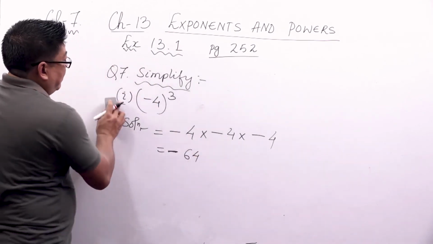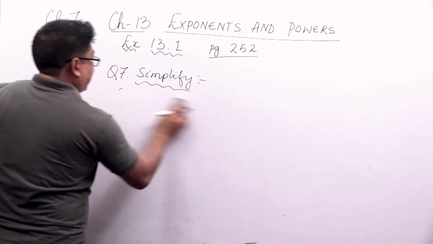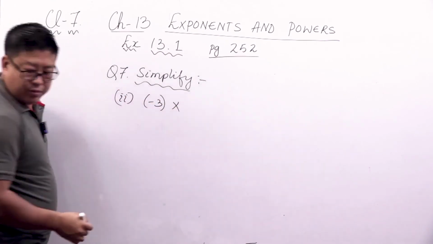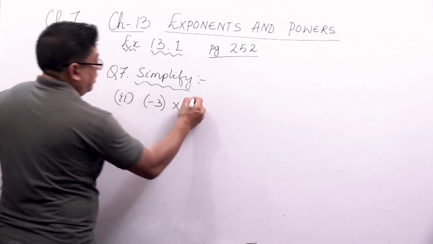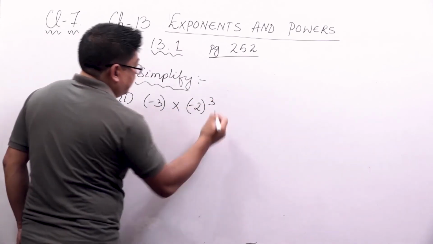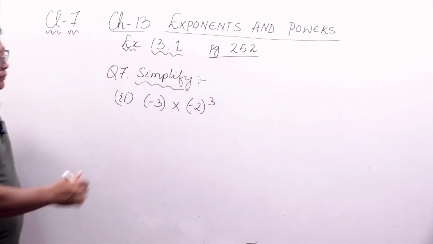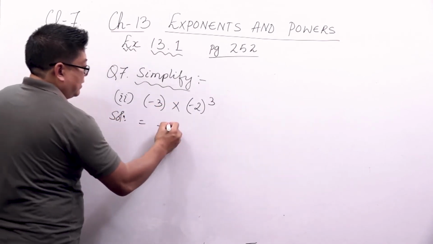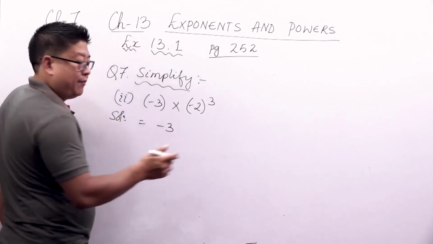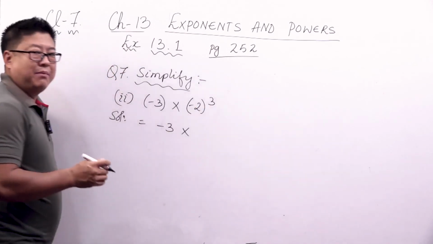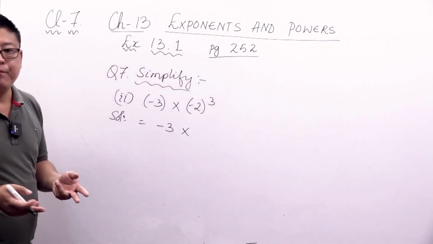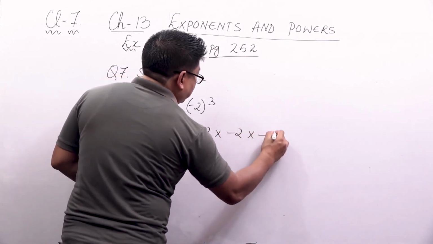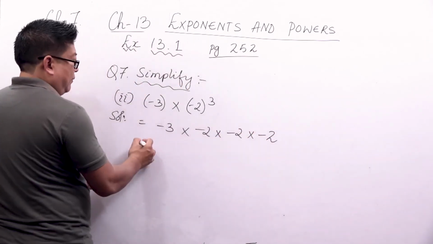Okay. Let's look at another example. 2 minus 3 into minus 2 to the power 3. Now, this is minus 3 only one time, right? And minus 2 is being multiplied 3 times. So, minus 2 into minus 2 into minus 2, right?